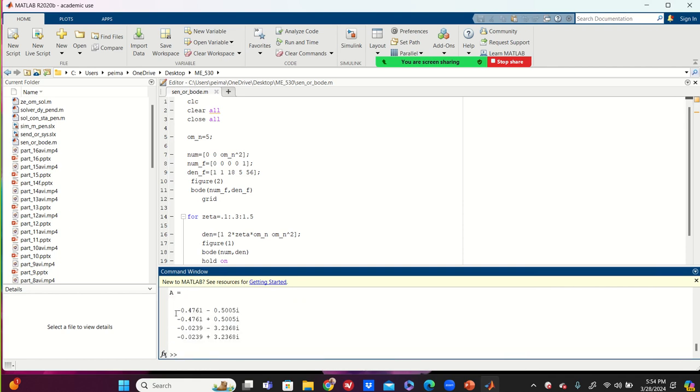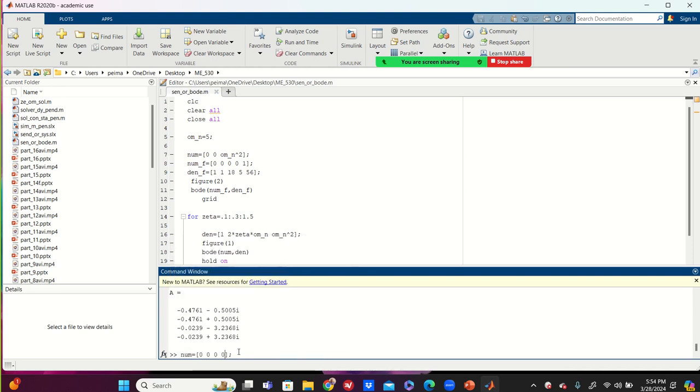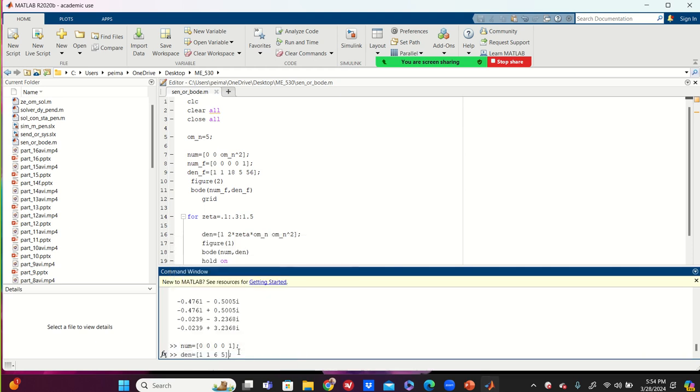You see, we had a fourth order system, all of the poles in the left hand side, minus 0.4, minus this. So you see 2 pairs of complex conjugate poles. So that works. Even if I want to plot its num, I have to add, this is a fourth order system, and then 1, 1, 11, 10, 5.